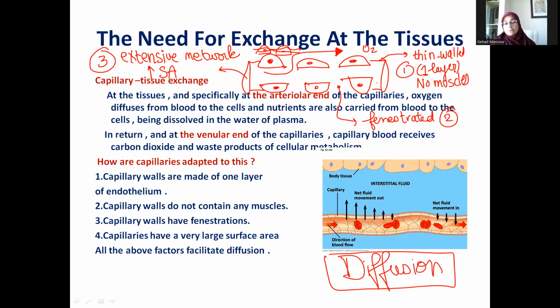Because the rest of the blood vessels, like the large arteries, the medium-sized arteries, the small arteries, the arterioles, the venules, the medium-sized veins, and the large veins, all contain smooth muscles in their walls with different quantities. The only blood vessels that do not have smooth, involuntary muscles in the walls, and the only blood vessels that have fenestrations in their walls to facilitate exudation and diffusion, are the blood capillaries.